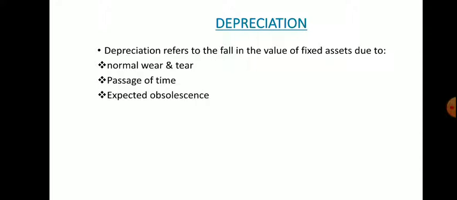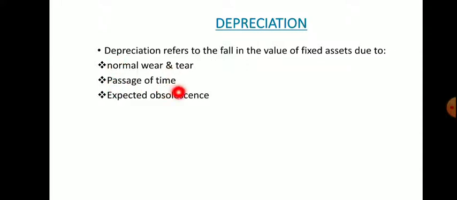Let me tell you one by one. Normal wear and tear means, as you are using any fixed asset many times for your production process, definitely its value will deteriorate, its productive capacity or its value will decrease. So, that is normal wear and tear.